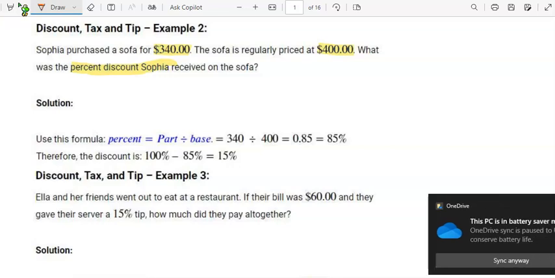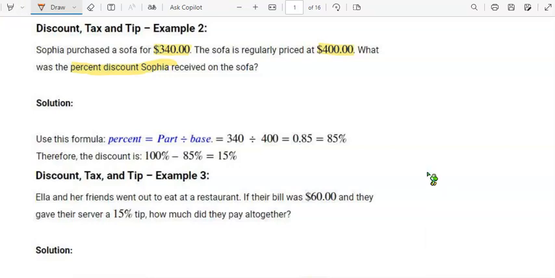Percent equals part divided by base, which would be 340 divided by 400. This is selling price, and this is original price.